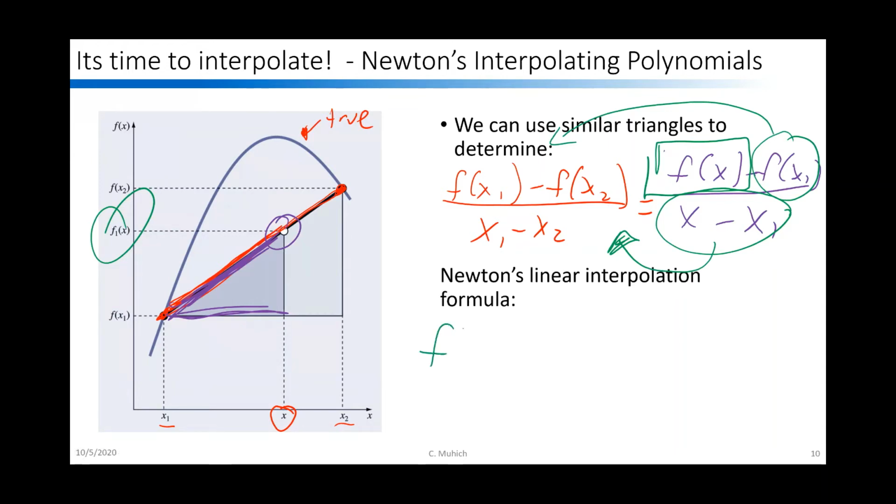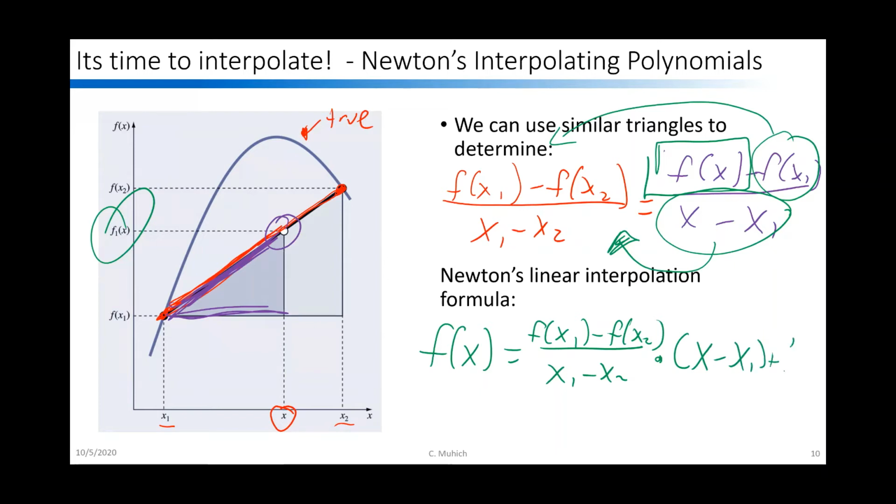So when I do this, I get f of x equals what used to be on the left-hand side. So f of x1 minus f of x2 over x1 minus x2 times what was on the bottom, so x minus x1 plus f of x1. Right? So this is our Newton's interpolation formula.